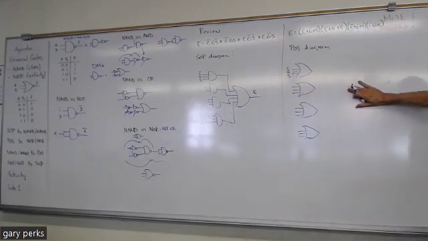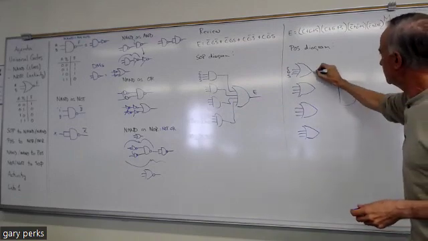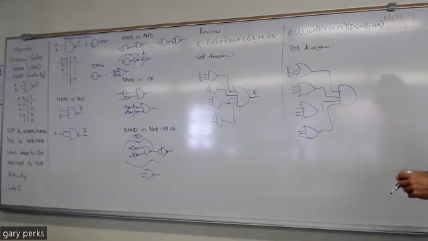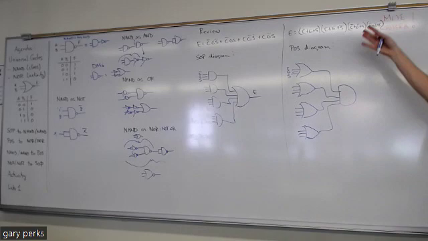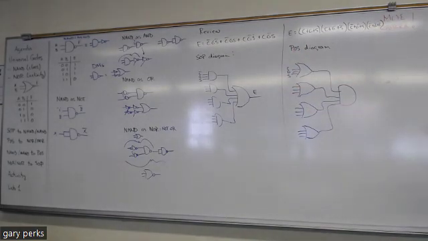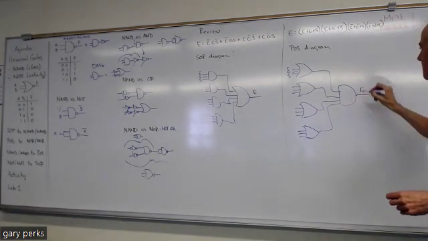And then what are we going to have here? It's all going to go into a single AND. So your POS diagram is just the opposite of your SOP. Everybody recall that? It was a couple classes ago.